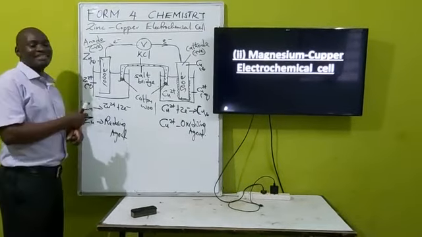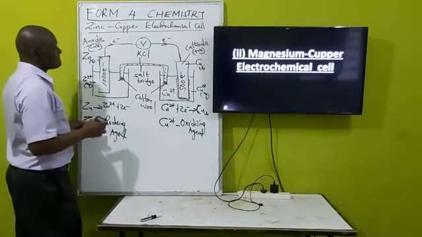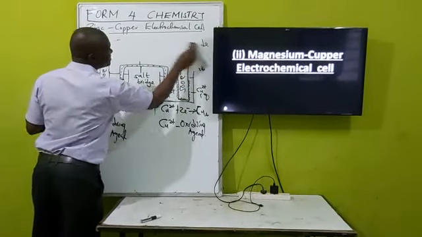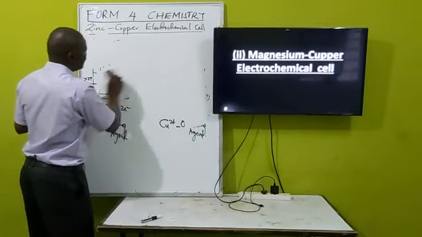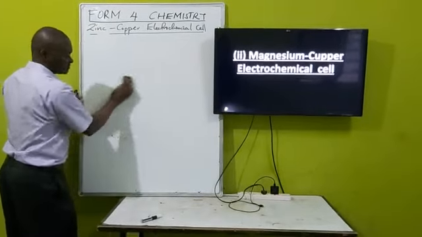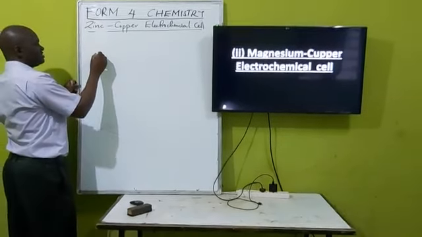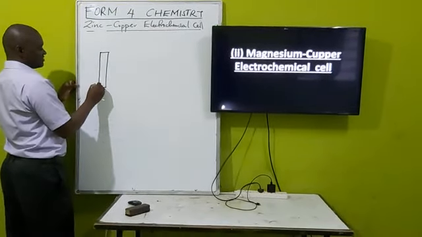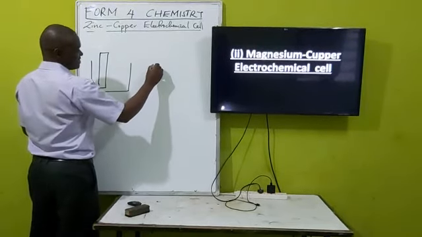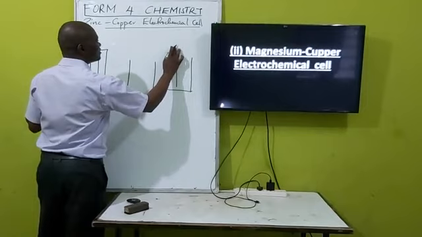Now, let's use another example, and in that case, our second example is magnesium and copper half cells. So let's rub this. Then, if you did not get that properly, I'm going to use this to explain everything again so that you can get the concepts.